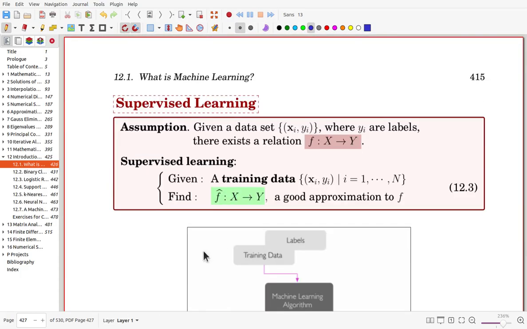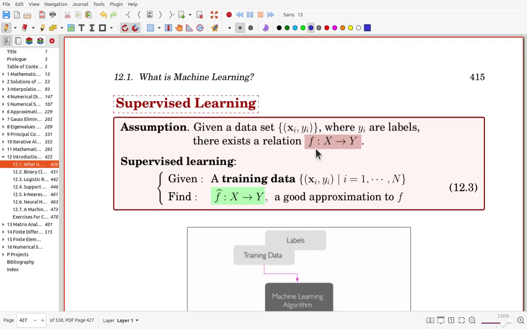Okay, now we consider supervised learning. The assumption is here: given a data set, x and y, and here subscript i means the different data point and the corresponding label. So x_i, y_i, and a collection of these data points. There exists a relation from x to y, so we assume a function exists relating x and y.